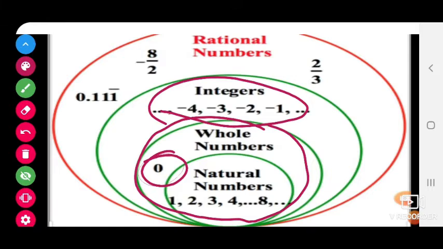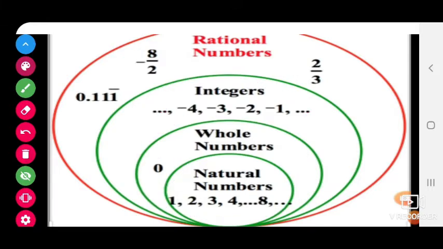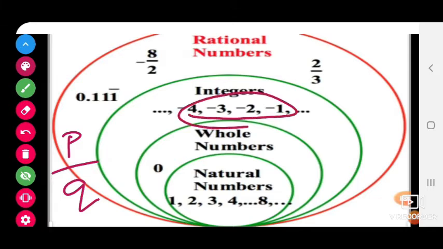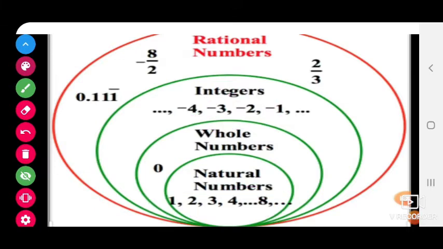How is it? As I told you already, the rational number should be in the form of P by Q. Then how will an integer be a rational number, how will a natural number be a rational number? For example, if I take the natural number 4, then I can write this as 4 by 1. 4 by 1 is nothing but 4 only, no?